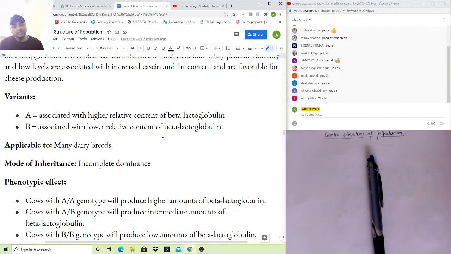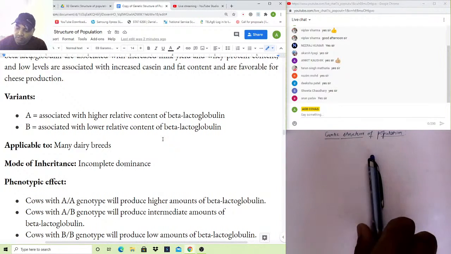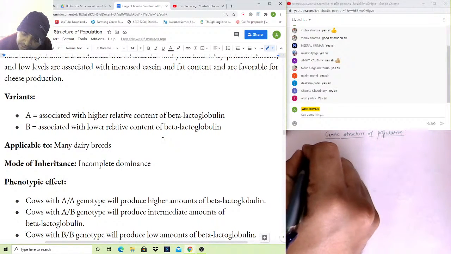This particular gene is applicable to many breeds. And what will be the mode of inheritance? The mode of inheritance will be incomplete dominance.